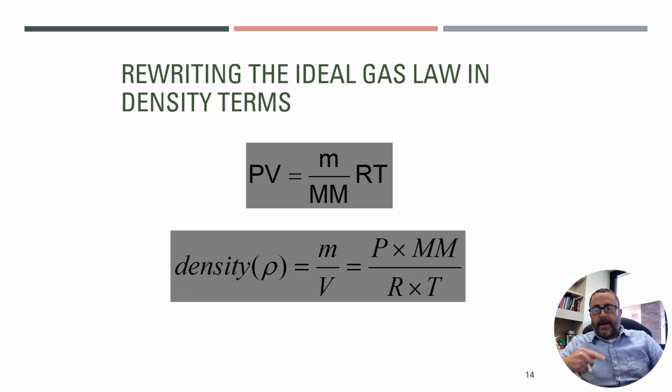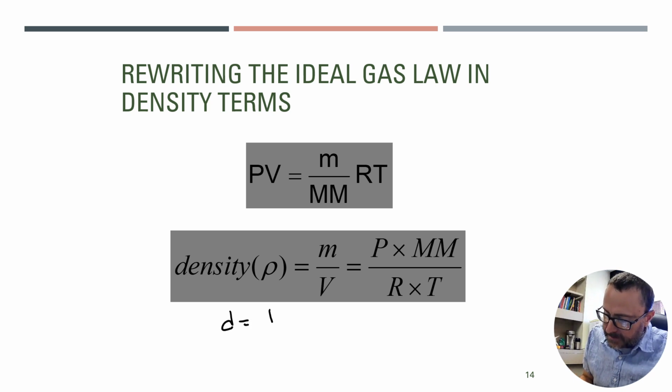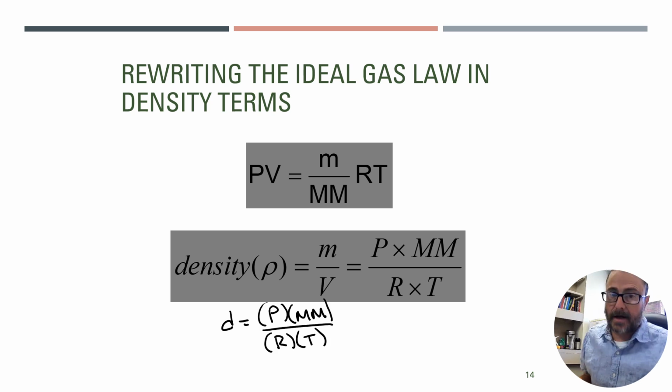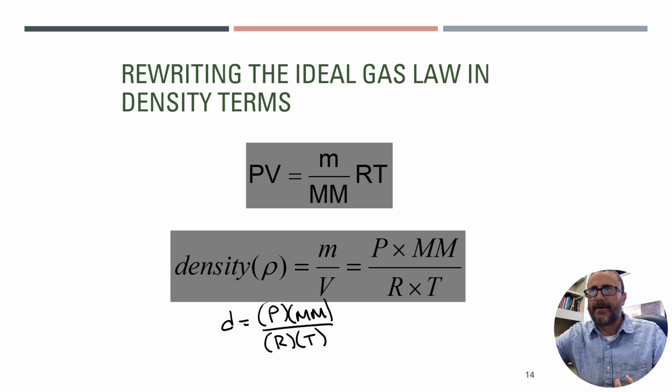Then if I rearrange it a little bit more, mass divided by volume is density, so our density is equal to pressure times the molar mass of our gas divided by our gas constant times the temperature. This is called deriving equations, which I'm usually not big on having you guys do, but I wanted to show you that we could get there from looking at all the units and playing around with things.